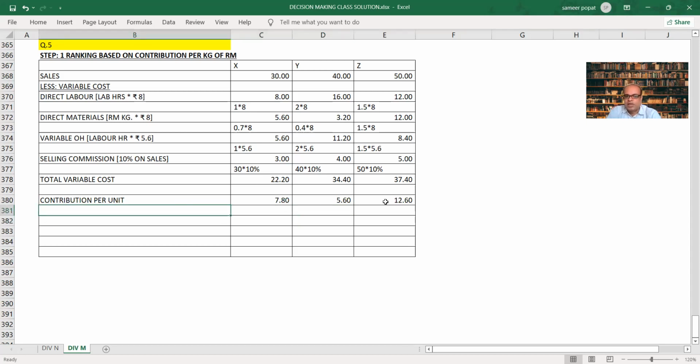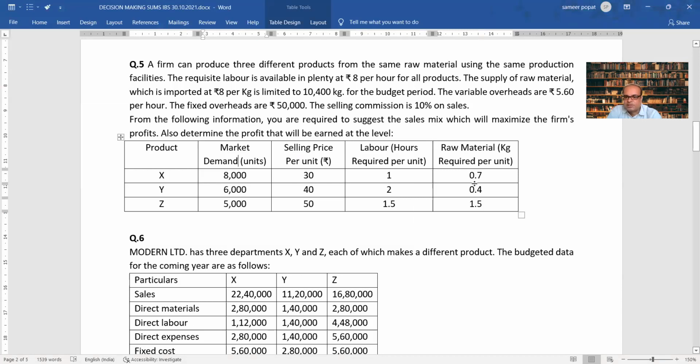Now we are not going to give the rank based on this contribution per unit. We need to give rank based on contribution per kg of raw material. So let us divide it by raw material required per unit. So here we require 0.7 kgs, 0.4 kgs and 1.5 kgs.